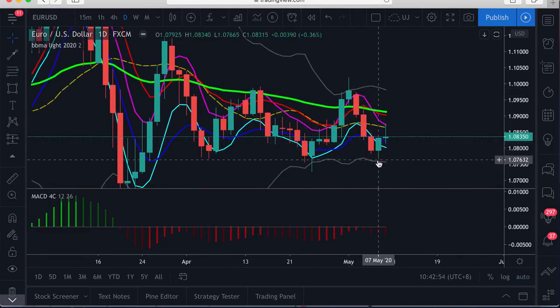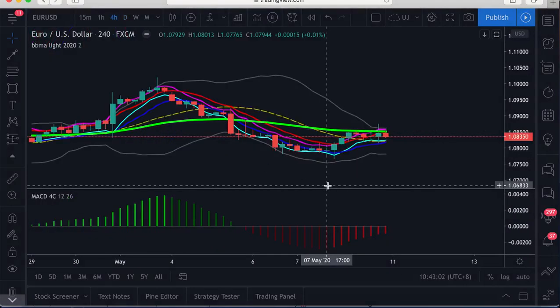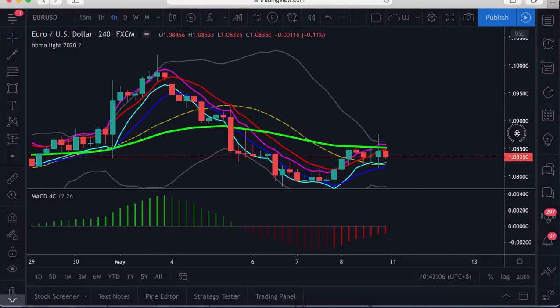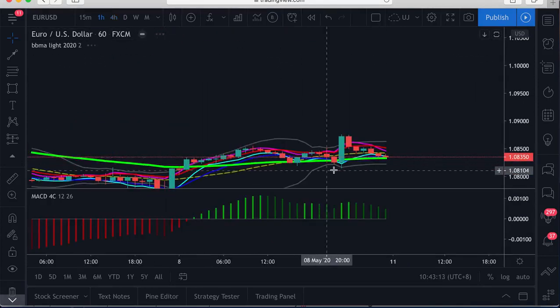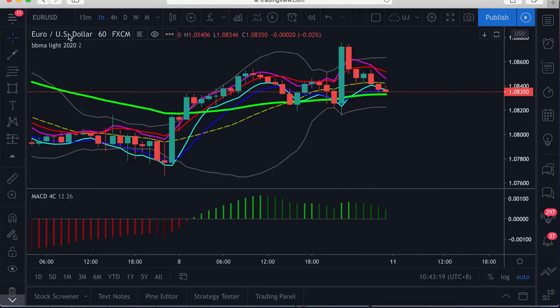The price went down but did not close below the low BB, so it's making a re-entry buy. And H4, we can see that the price is actually testing the top BB and now is at the re-entry buy. And on H1, we can see that the CSM buy is already valid. That's why we can instant entry on Euro USD for this week.